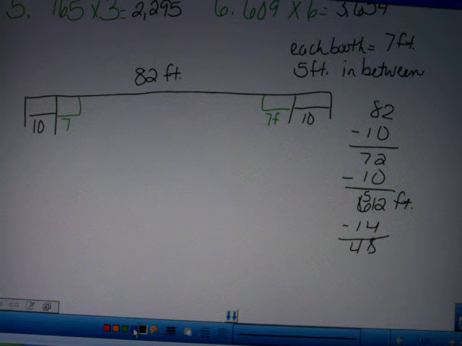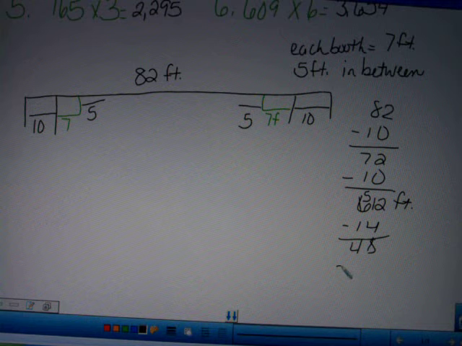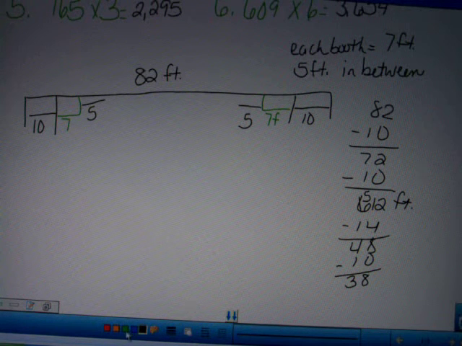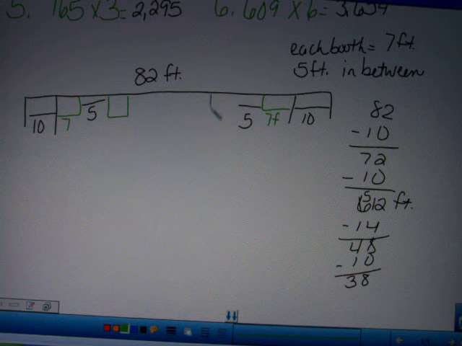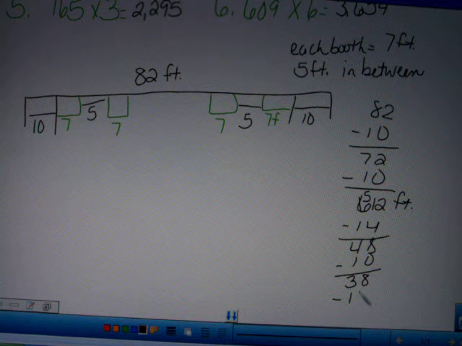So I did my booths, and now I need to do my space in between my booths, which is 5 feet, and another 5 feet. So now I take away another 10 feet, and I have 38 feet. Then I go ahead and put in another booth each, and this is another 7, and another 7. And so now I'm going to take away another 14 feet, and I am left with 24 feet.